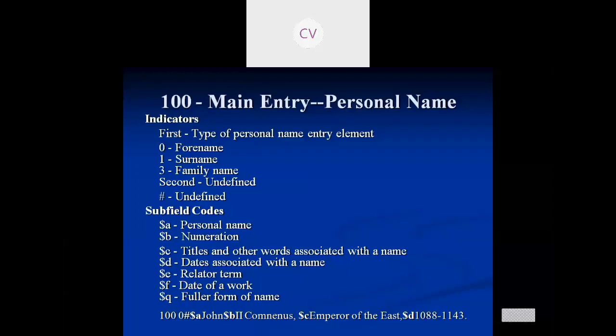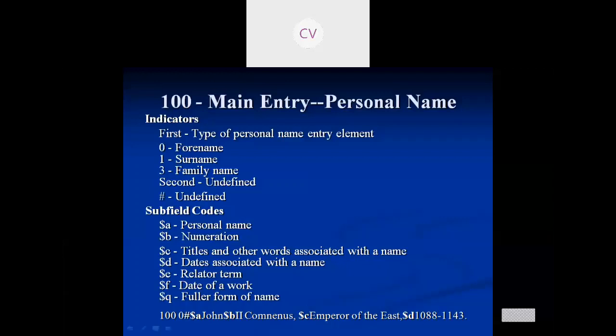For example, $c, emperor of the Germans, $d, dates associated with date of birth and death. $e is a relator term, whether it is the author. That relator code is available in the MARC code list; from there you have to pick the appropriate one. So, for example, aut, author; prt, printer; edt, editor, like that. That code is to be taken from the code list available in the MARC manual. The $q is the fuller form of the name.